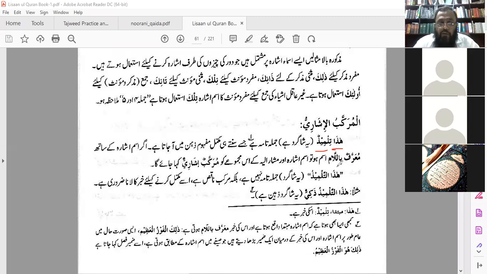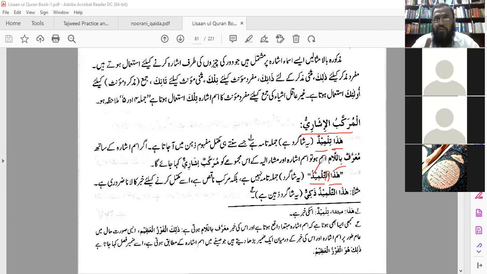But now when it comes to hadha tilmizu, hadha and after that at tilmizu, there is alif lam on it. This is al murakkabul ishari. Now this becomes ism ishara and this is musharun ilayh. This is not a complete sentence.